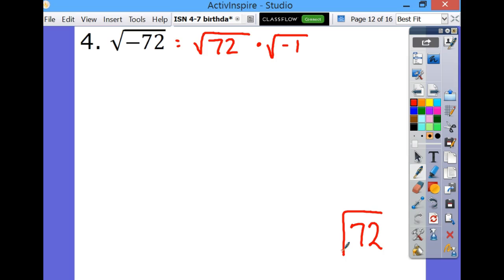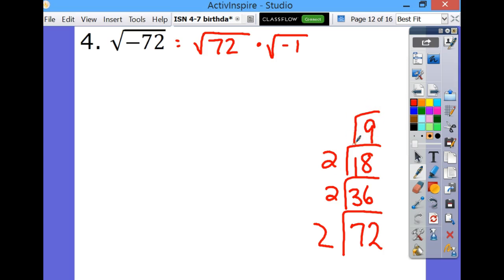How many times does 2 go into 72? 36. And how many times does 2 go into 36? And then 2 goes into 18. Does 2 go into 9? But 3 goes into 9.